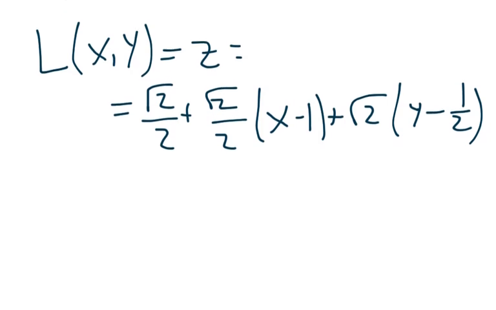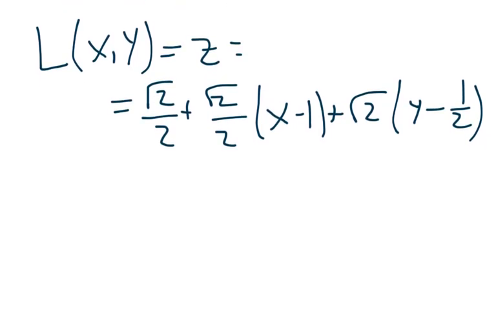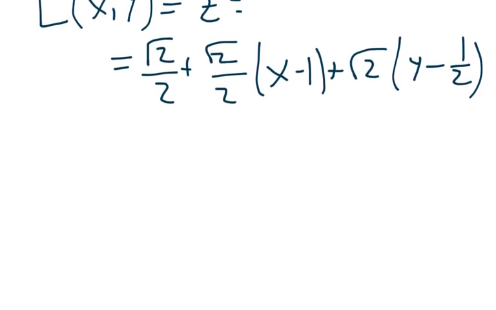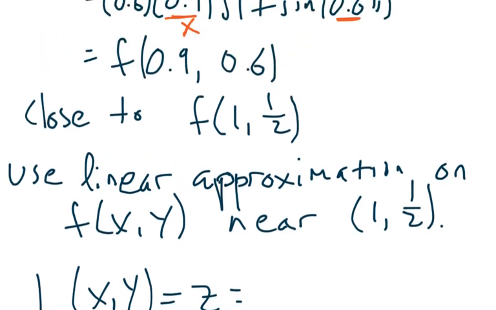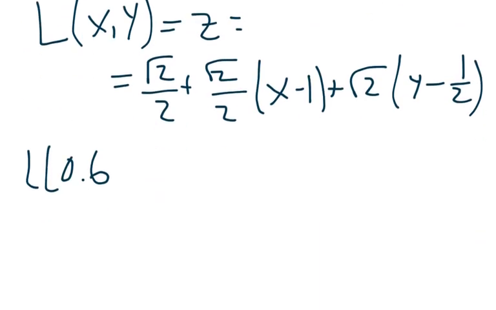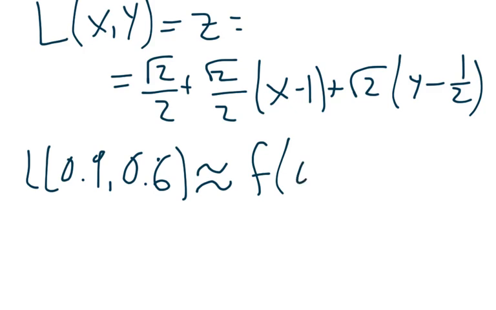Okay, so this is our linear approximation. And what we should find is that L of 0.9, 0.6 is approximately equal to f at 0.9, 0.6.